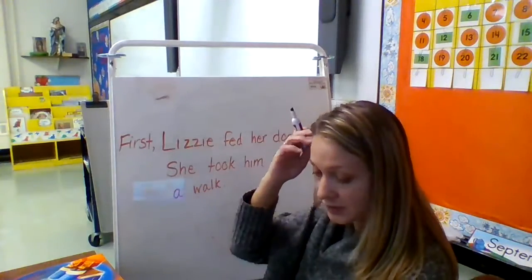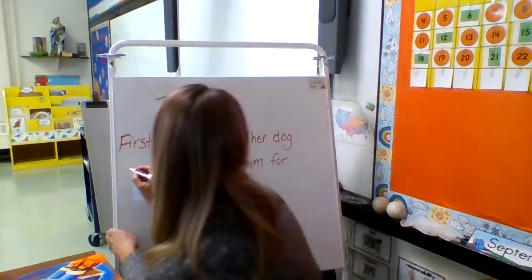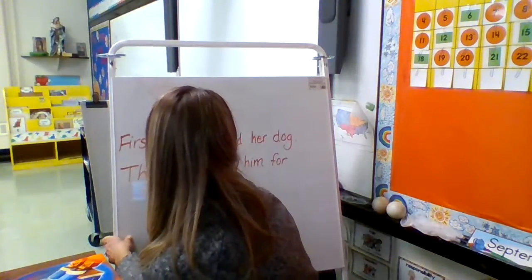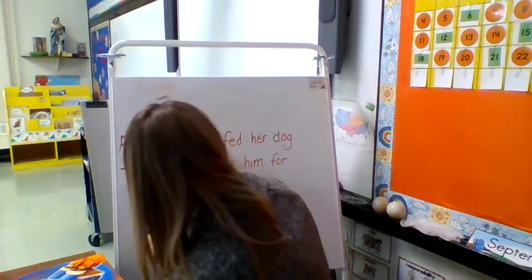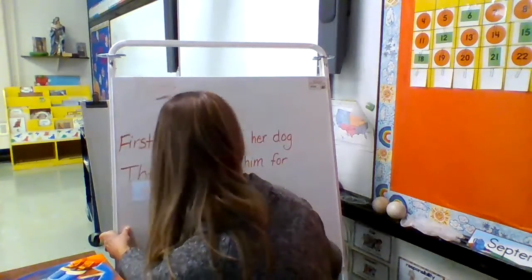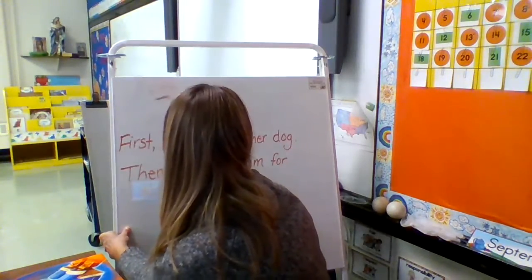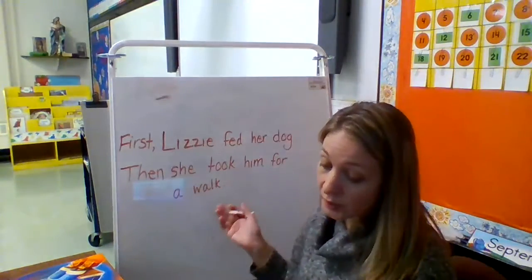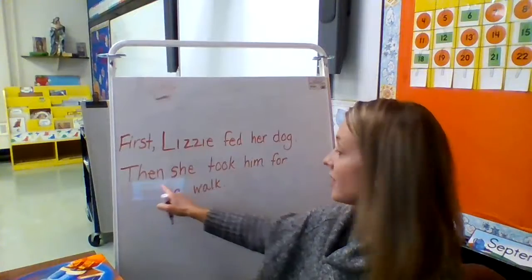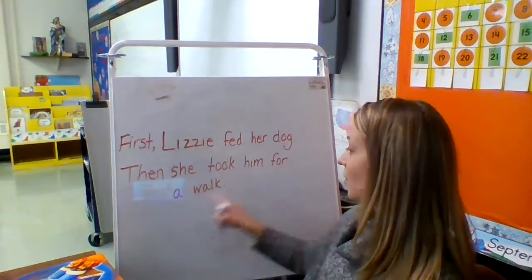Let me see, what could we say? We could say then she took him for a walk. Then she took him for a walk. We could also say something like next she took him for a walk.